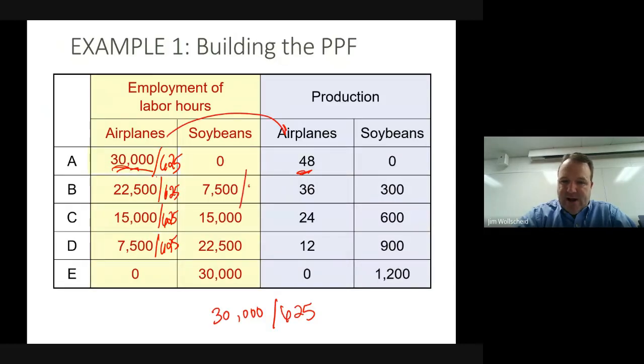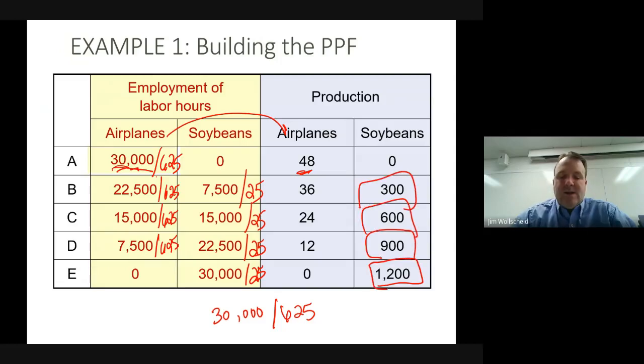So we would divide then by 25. And that gets us these numbers. So that's how we would convert labor hours into output. So when you're working your homework, you will go through an example and they will work on how do I get these numbers? Well, here's how we move from labor hours to production.